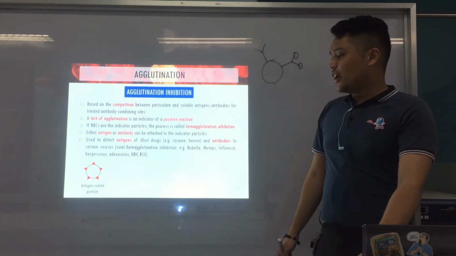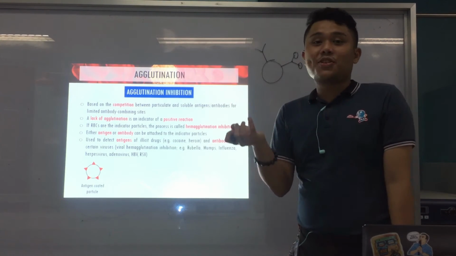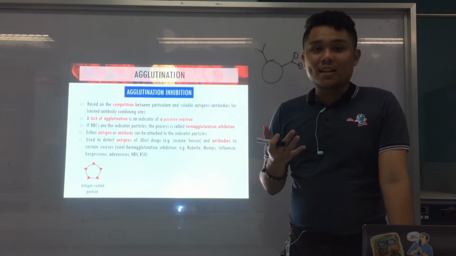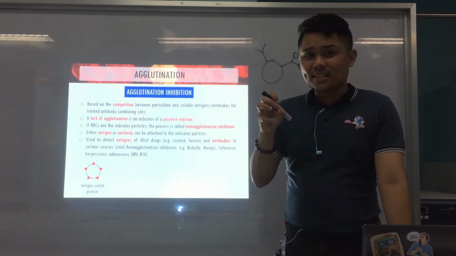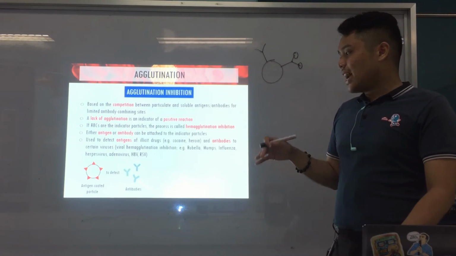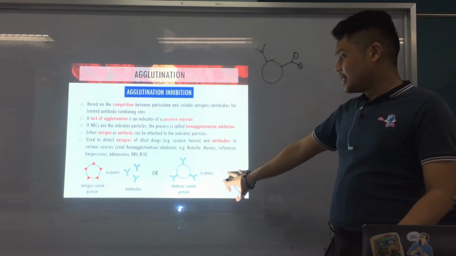Here's an example, an antigen-coated particle. So the particle itself is antigen-coated. What are we detecting? Antibodies. We want to detect if the patient has antibodies, because the coated particle has the antigen. Or an antibody-coated particle to detect your antigen.